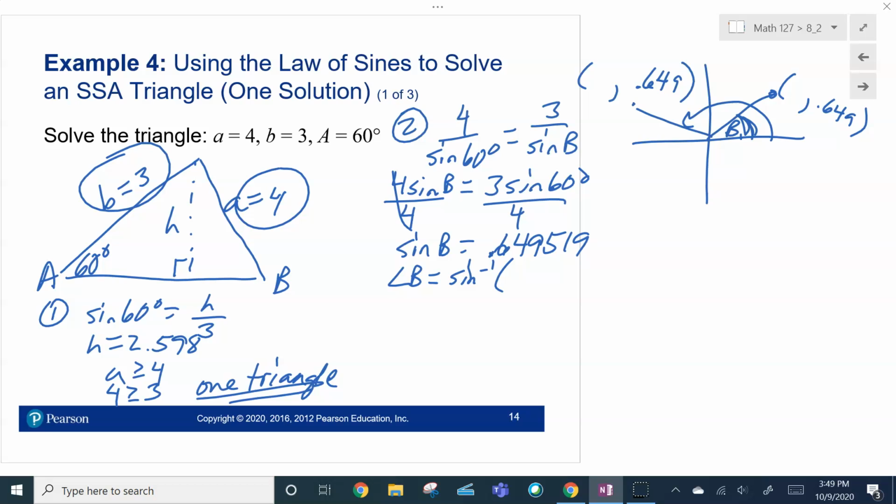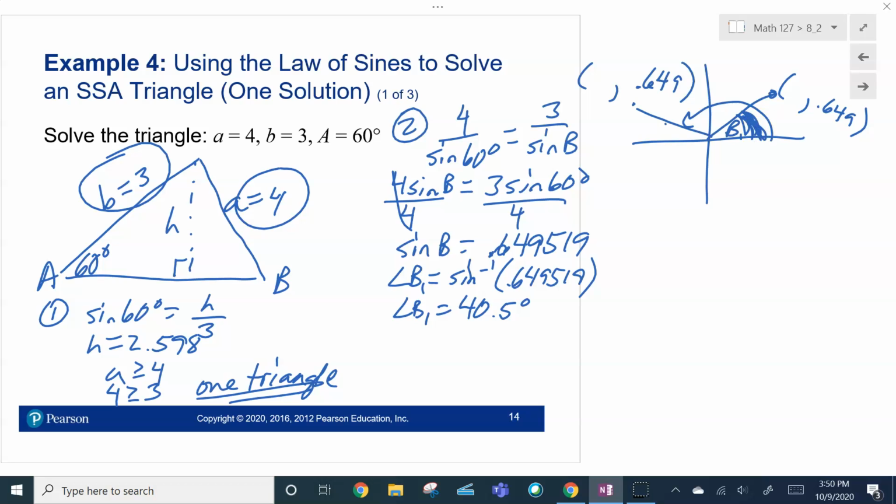So angle B1 is the arc sine of 0.649519. Make sure your calculator's in degrees when you do this. And that spits out 40.5 degrees. So that's this angle right here, 40.5 degrees.